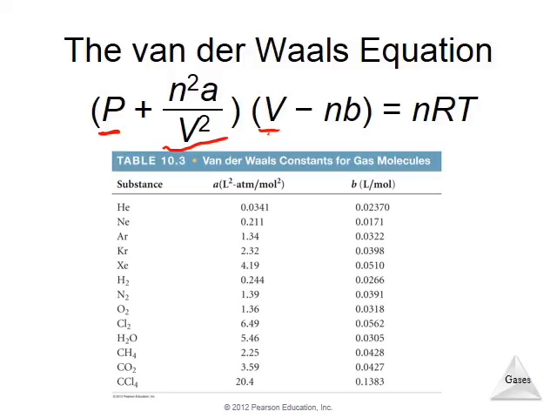This is the volume of the container, and this is subtracted, a correction factor for the fact that gas molecules do occupy volume of their own, and that equals nRT. A and B values for different gases are given in this table, so you can plug in and get pressure, volume, temperature, whatever is needed in a particular calculation.